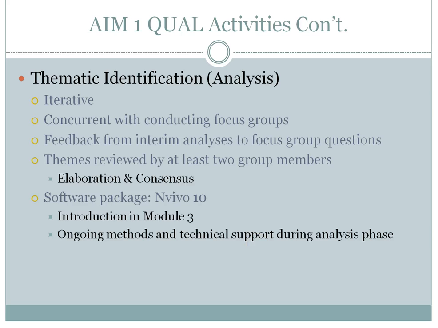There's an introduction to NVivo 10 and analysis in Module 3, but not to worry. We're looking at the entire focus group process as a learning experience for all of us, and there will be ongoing methodological and technological support as we go through the analysis phase and all of AIM-1.